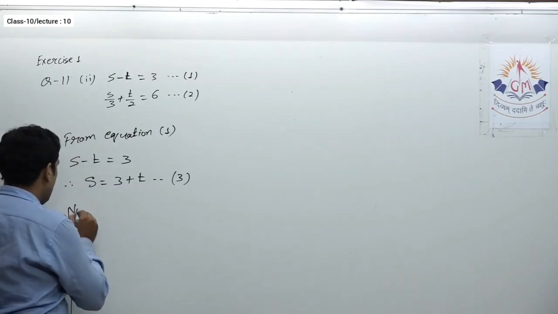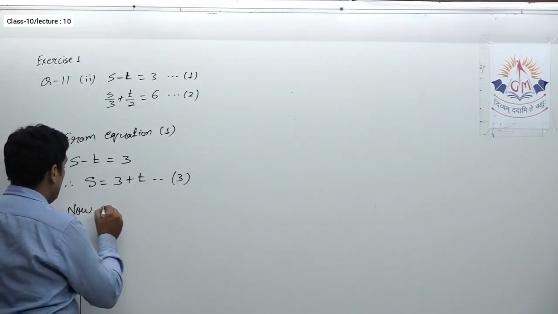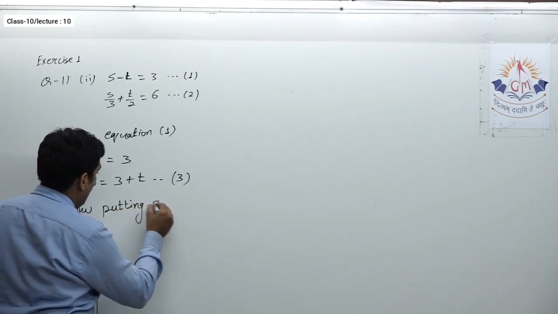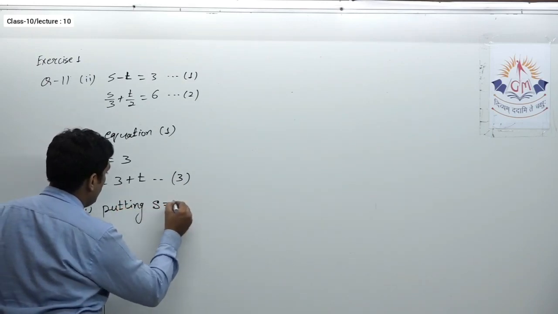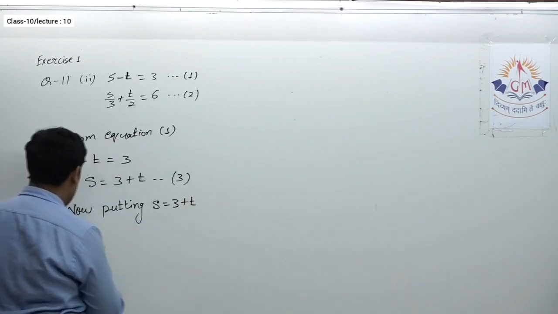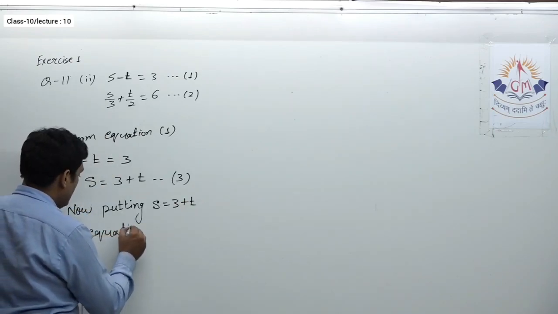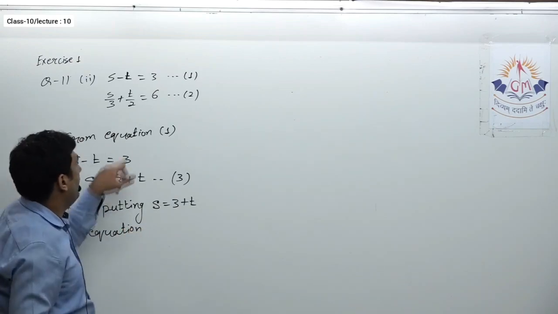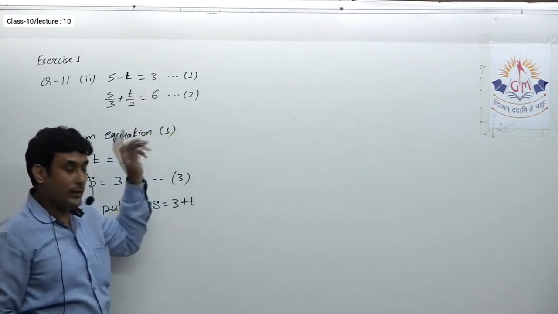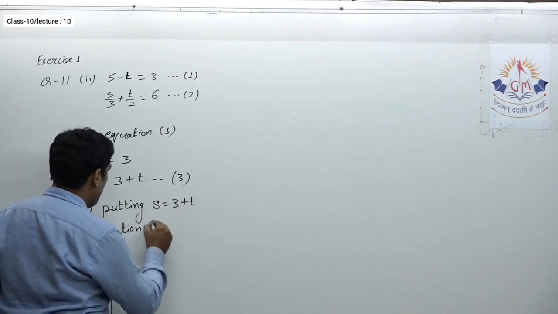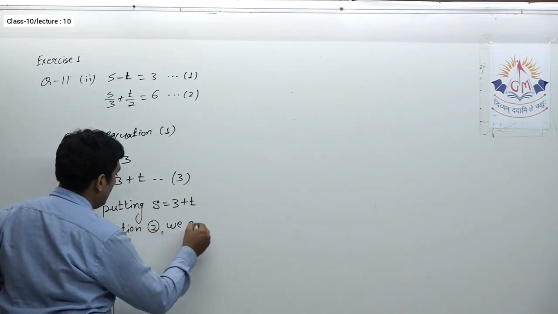Now putting s is equal to 3 plus t in equation 2, since I obtained the value of s from the first, I will put it in the second.